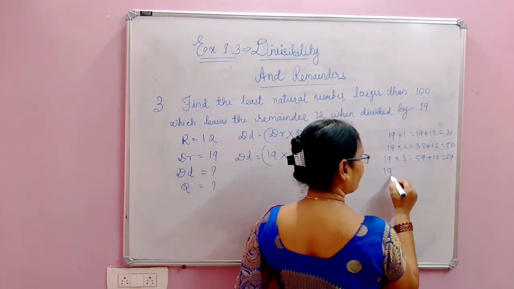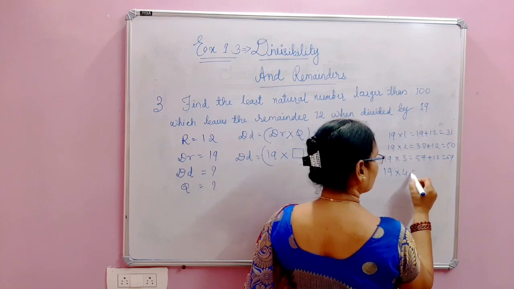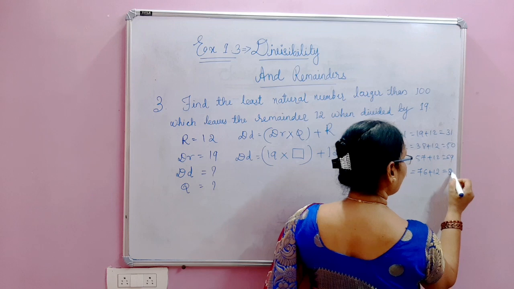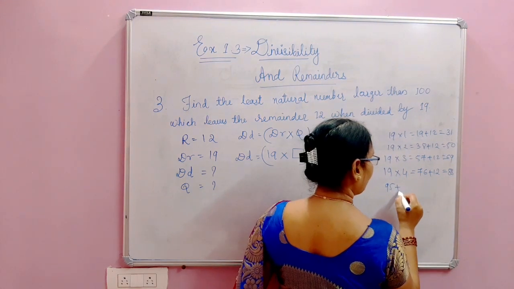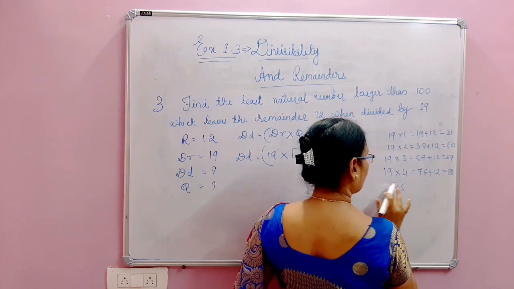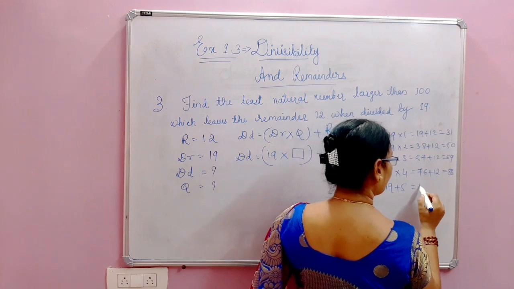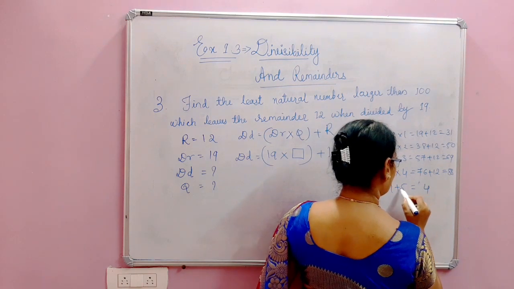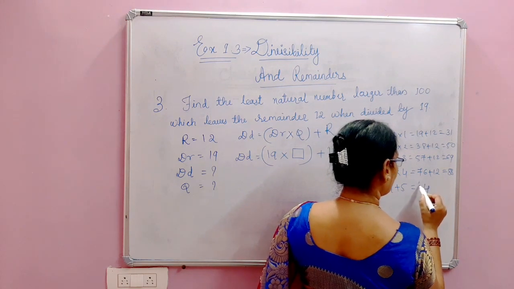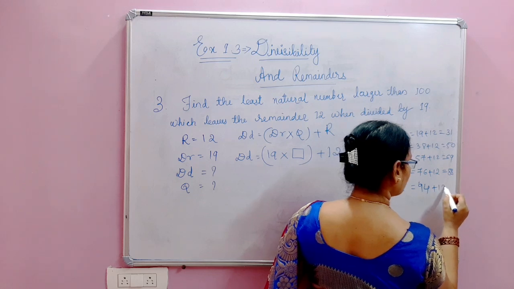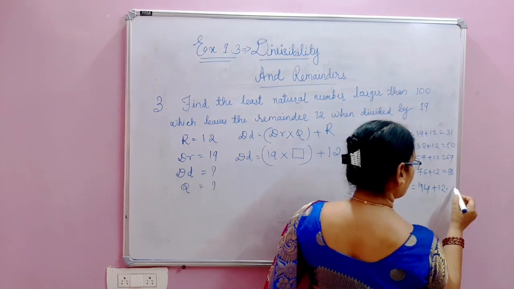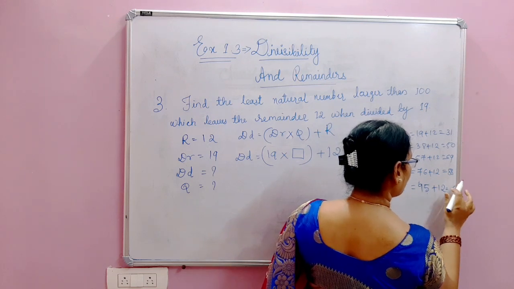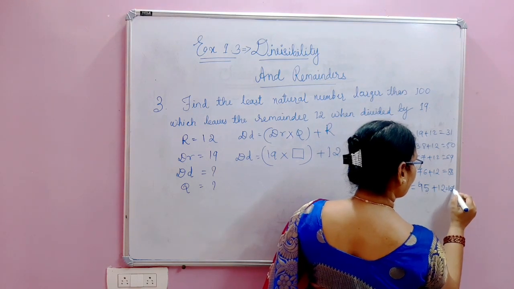19 fours are 76 plus 12, that is 88. 19 fives are 95 plus 12, 107.